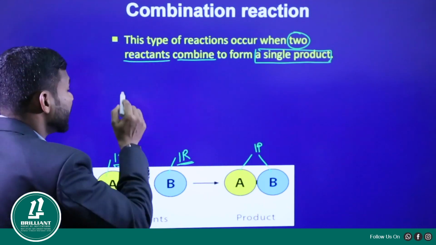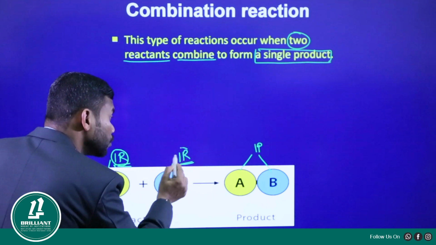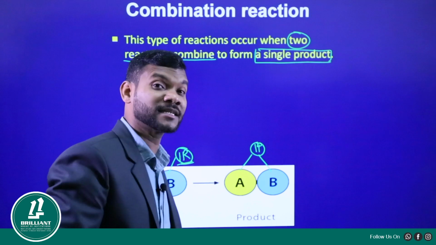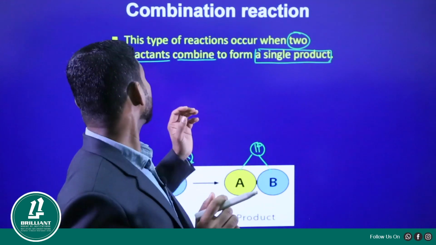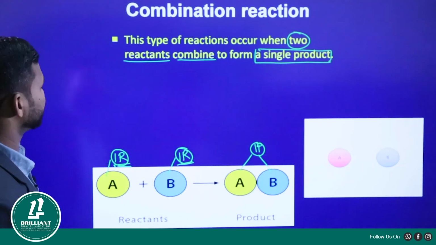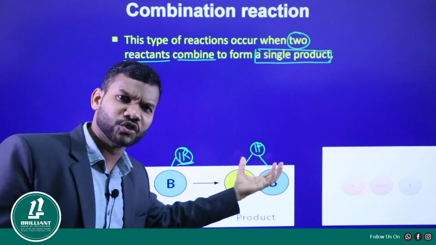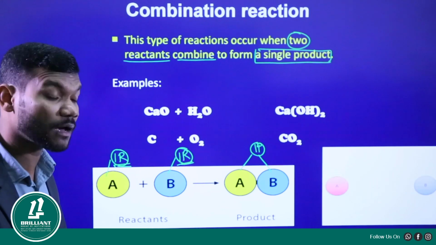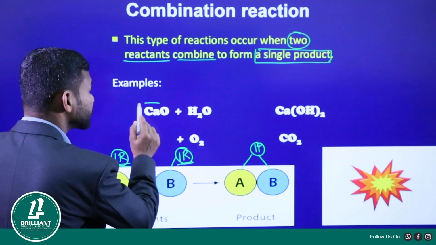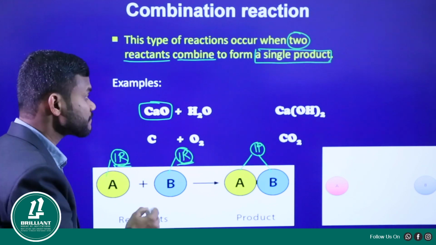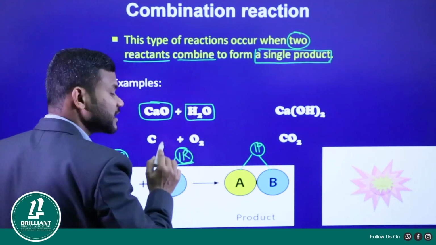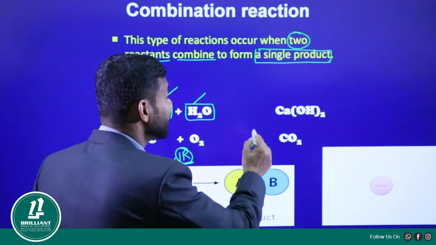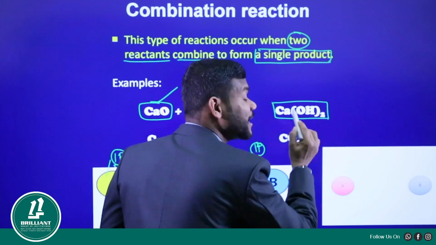So in a combination reaction, when two reactants combine to form a single product, we call it a combination reaction. Let us see some examples. Calcium oxide is one reactant, water is another reactant. These two combine to form a single product, calcium hydroxide.